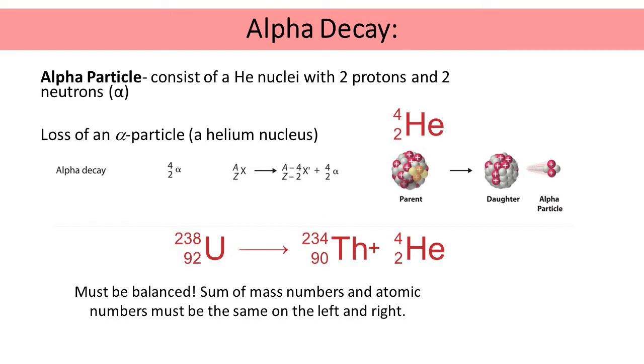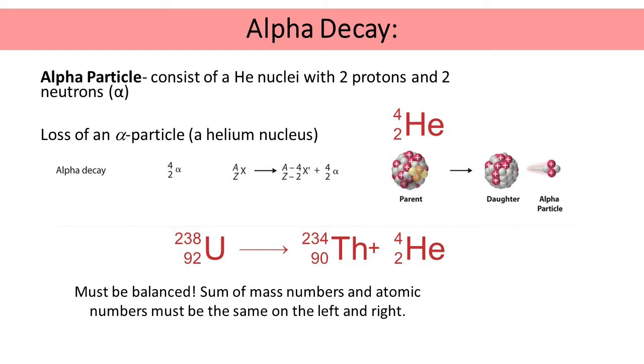238. And in the product, you have 234 in thorium and helium-4. So if you add them all together, helium plus thorium, you get 238. And in the uranium, you have the atomic number 92.